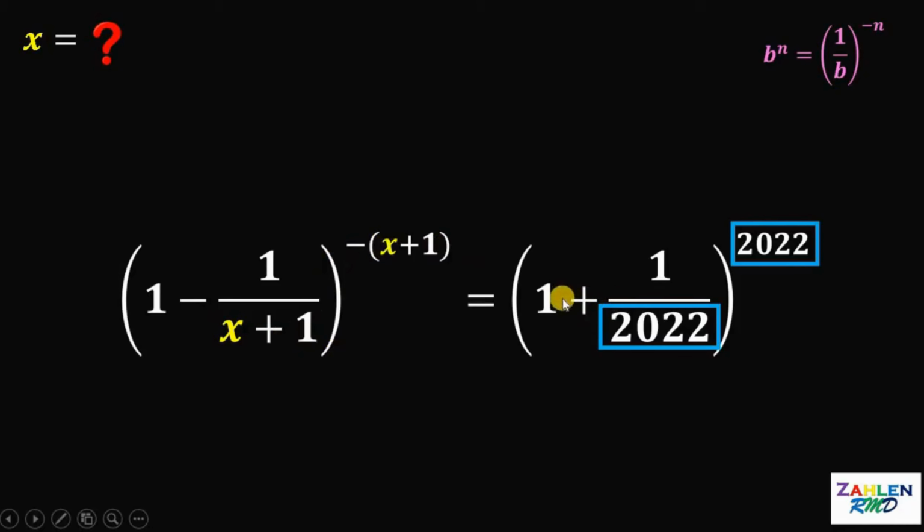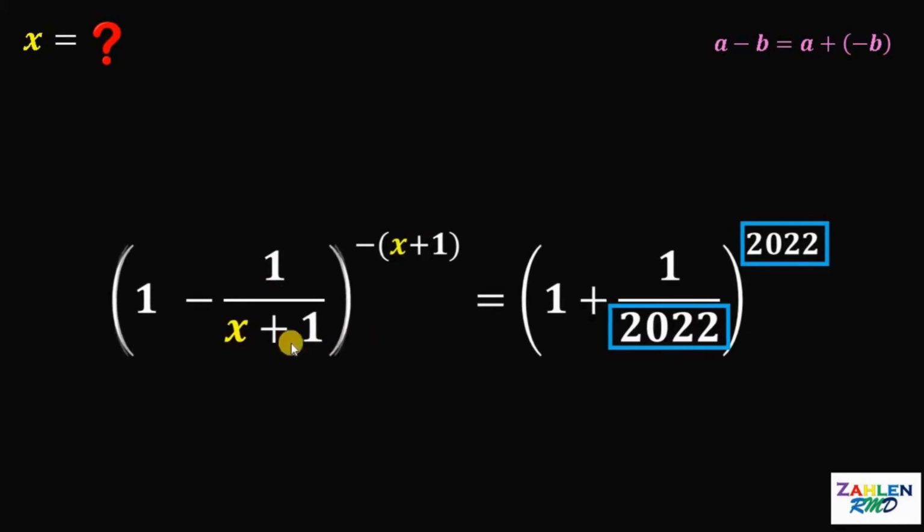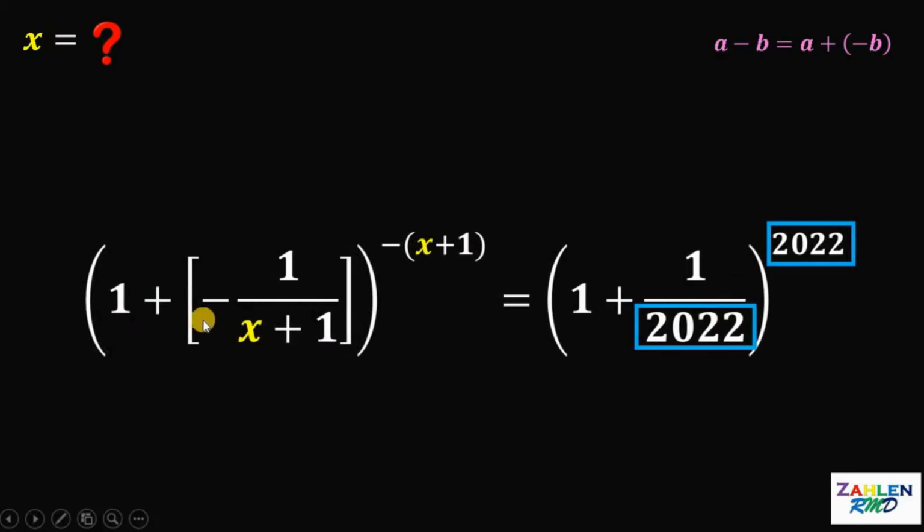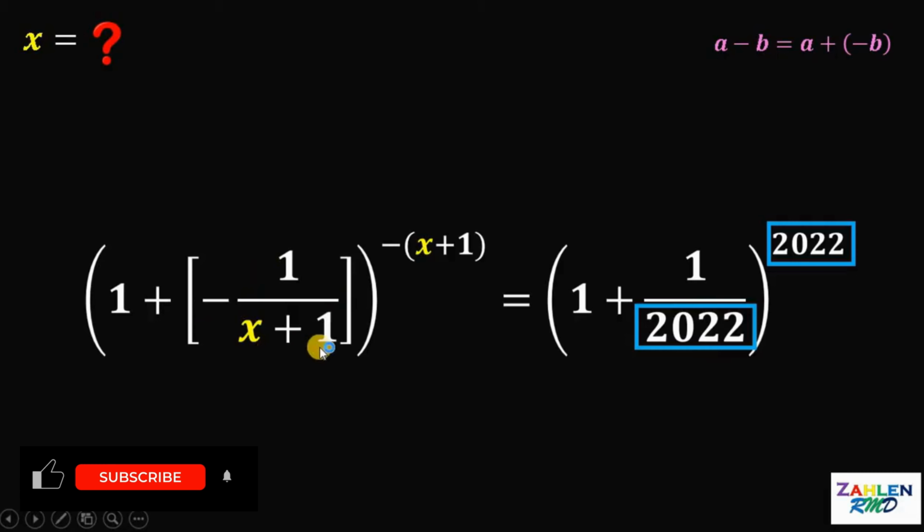Now, we have addition on the right-hand side. Therefore, we need to force this negative sign to become a positive sign. So, what we're going to do is to recall this property. If we have a minus b, it is equivalent to a plus negative b. Therefore, 1 minus 1/(x+1) can be written as 1 plus negative of 1/(x+1).